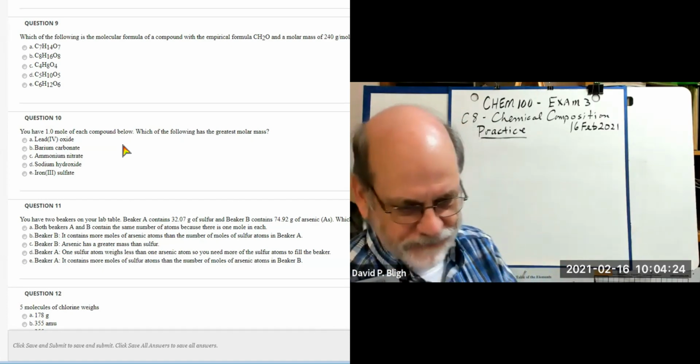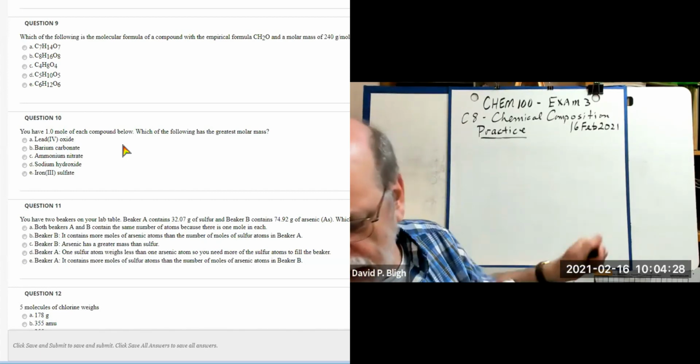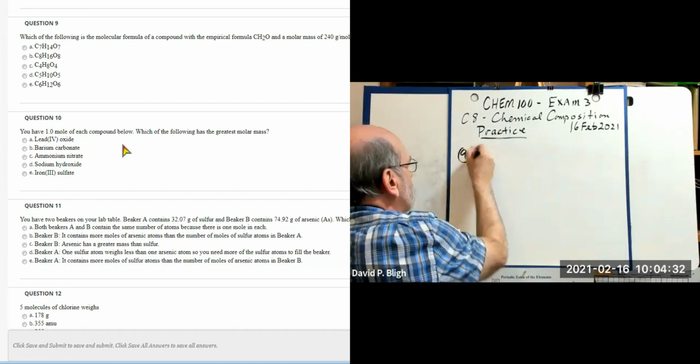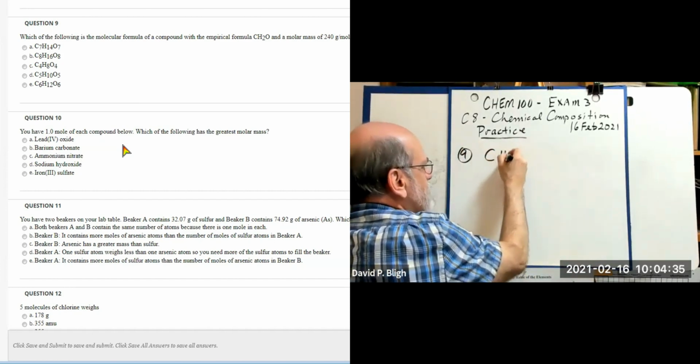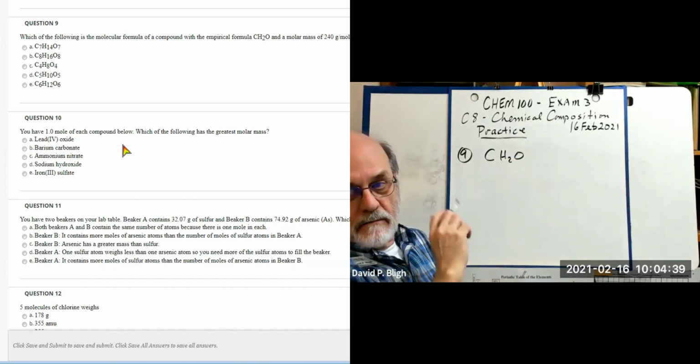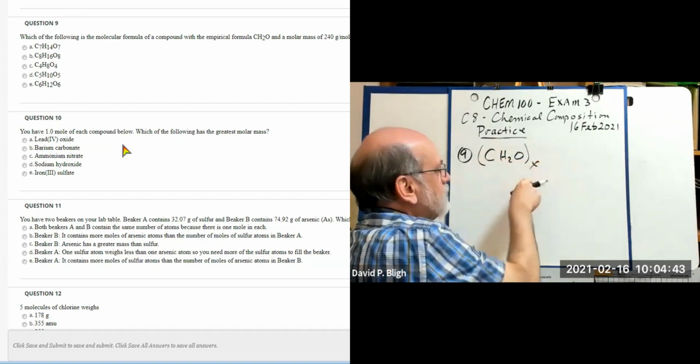Okay, here we go. So we got number 9 was CH2O. So CH2O is the empirical formula. The molecular formula is going to require some multiplier here.